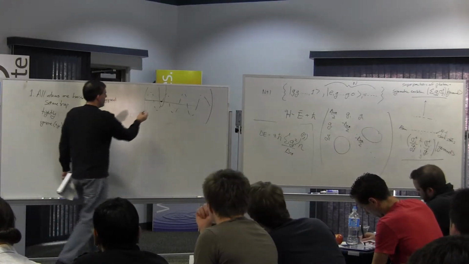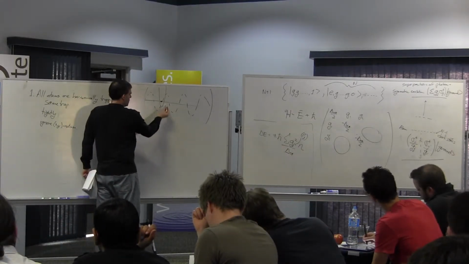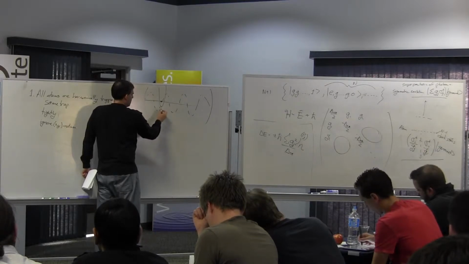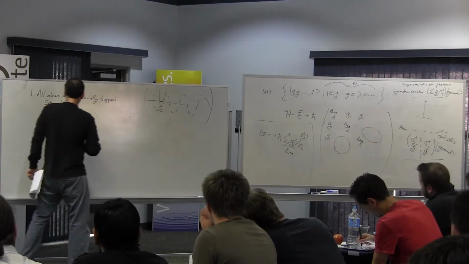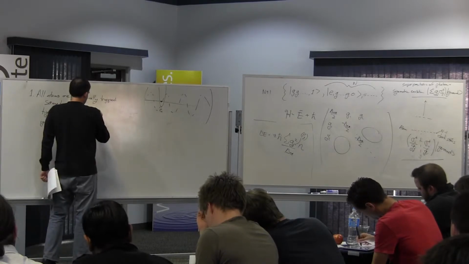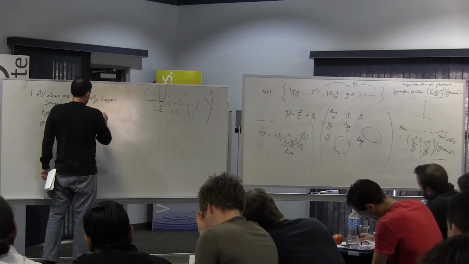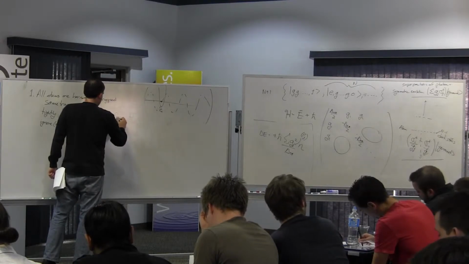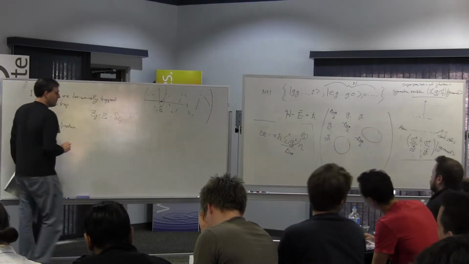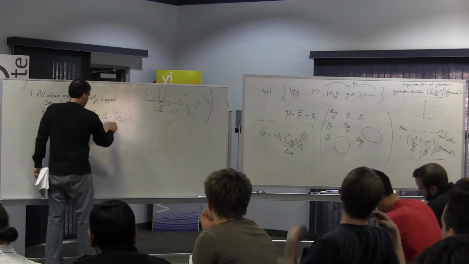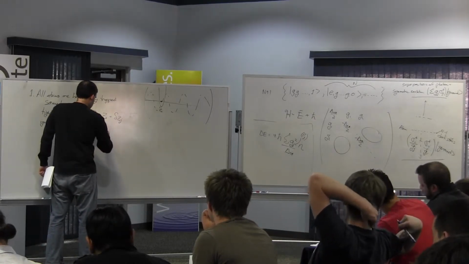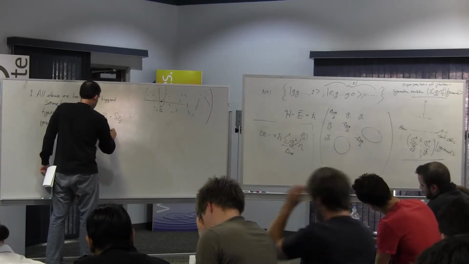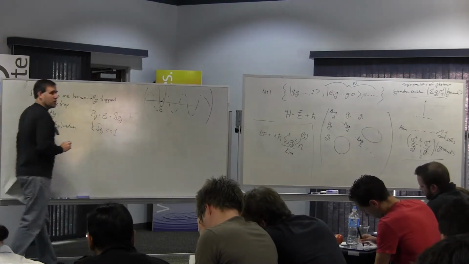And the trap is so deep that atoms are not going to move from this equilibrium position by very much. So let me let each of these atoms be displaced by some small amount from the equilibrium position, and require that these displacements are always small compared to the optical wavelength.